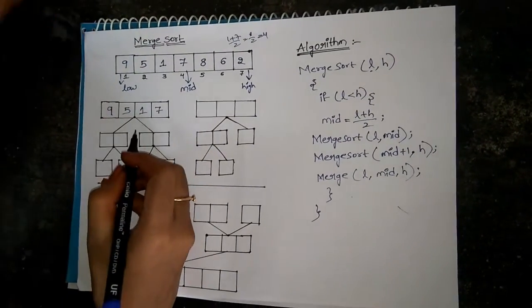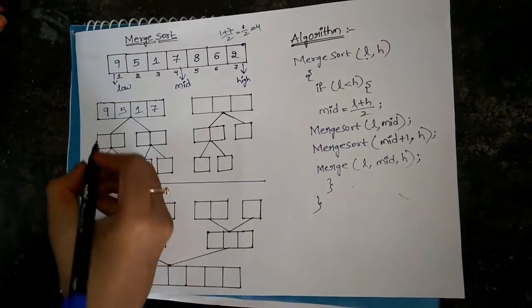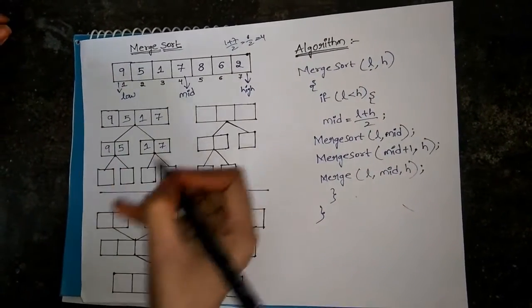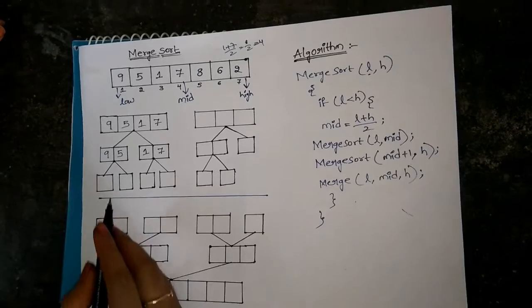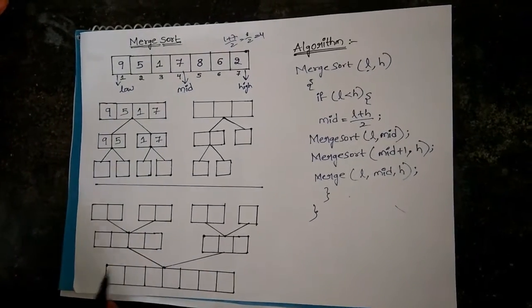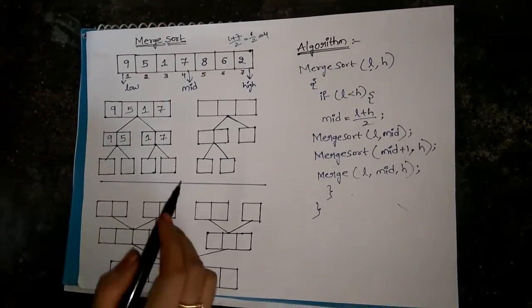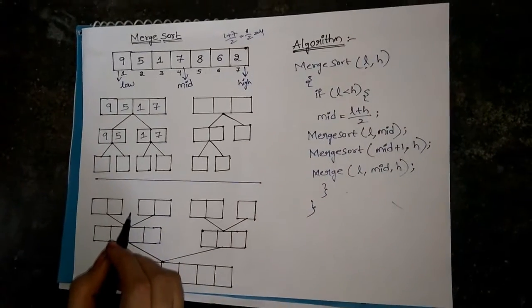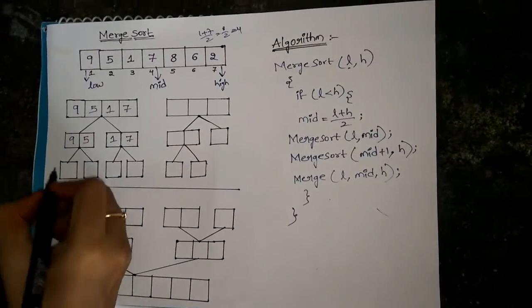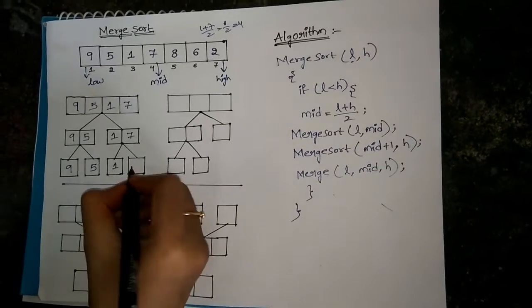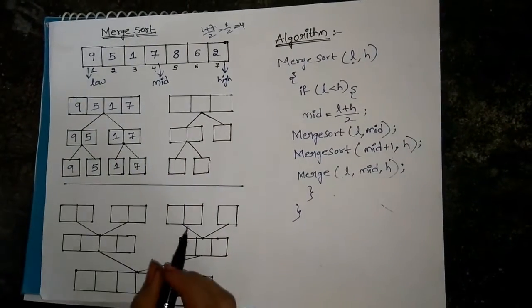Divide it into more subarrays 9, 5 and 1, 7. Likewise, we have to divide until we get a small array. It means divide till we get a single element. So after dividing we will get 9, 5 and on the other side 1 and 7 as single elements.